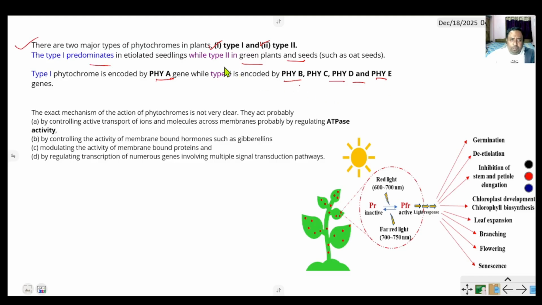Type 2 phytochrome is found in green plants and seeds, but phytochrome A is mainly found in etiolated seedlings.